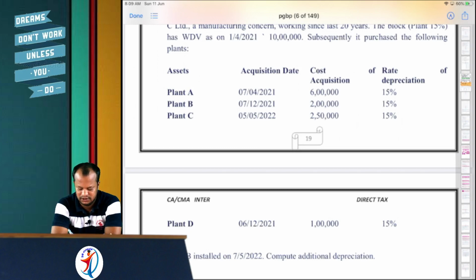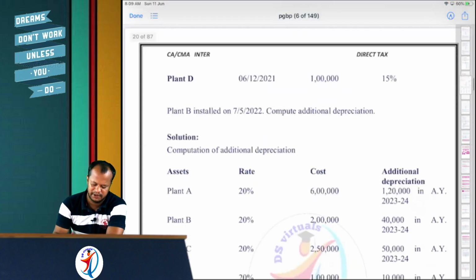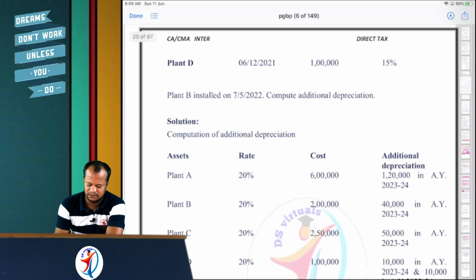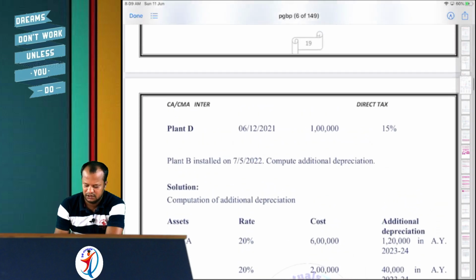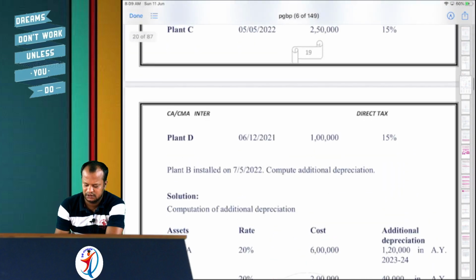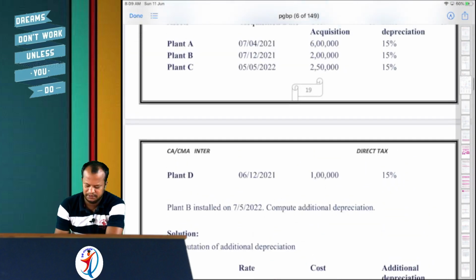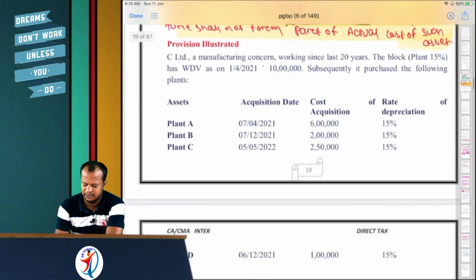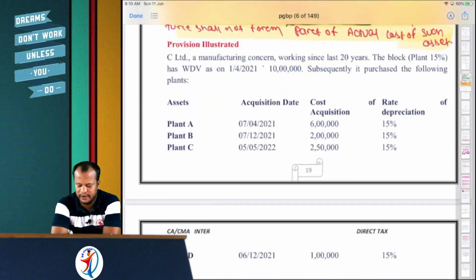It means plant A, B, C, there is also another plant D, which was purchased on 6th December 2021. The cost of acquisition is 1 lakh and the applicable rate of depreciation is 15%. So these plants belong to the existing block. Yes or no? Yes sir. Why?